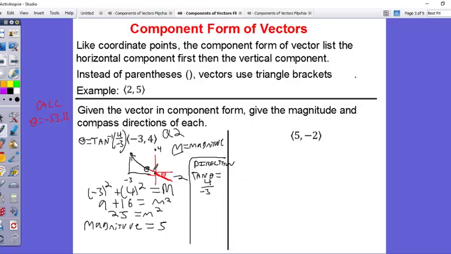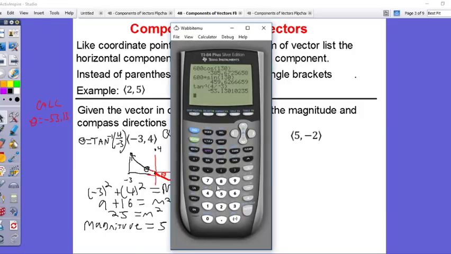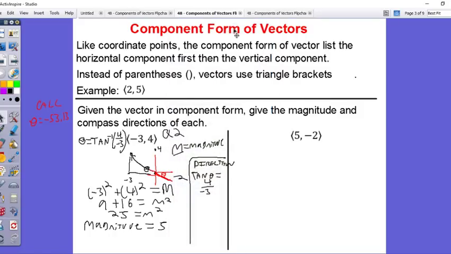So you're going to have 180 minus 53.13. So our angle is going to be 126.87.